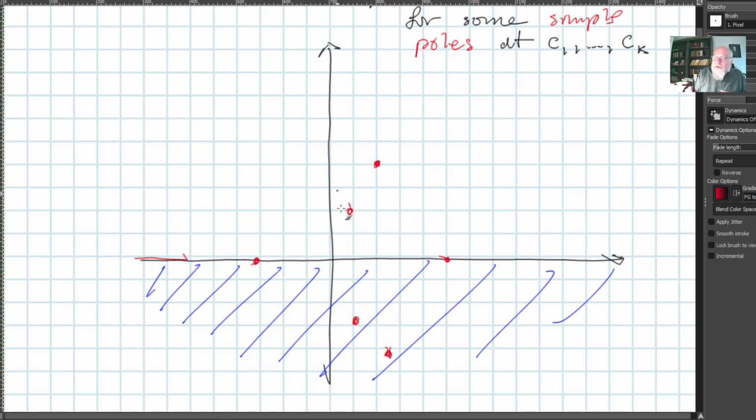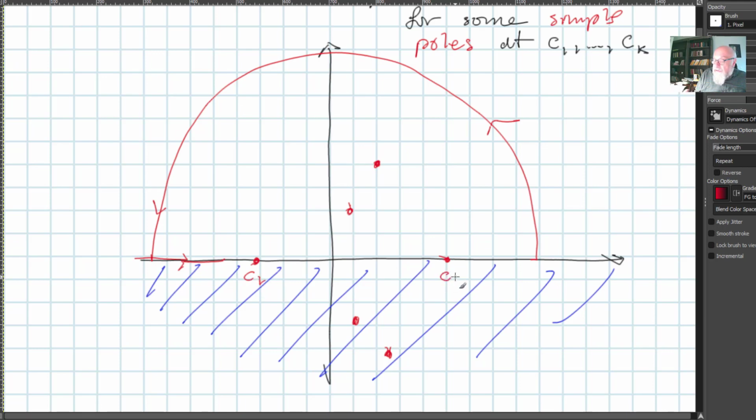So what did I do? I took a big contour, a semicircle, and this semicircle contains all the singular points in the upper half plane inside. But we have new singularities at the points c1, ..., ck.